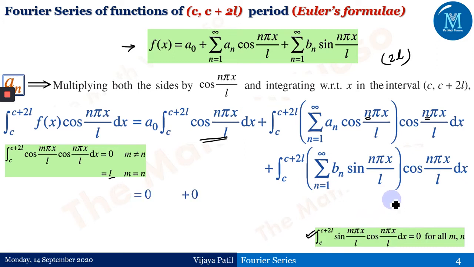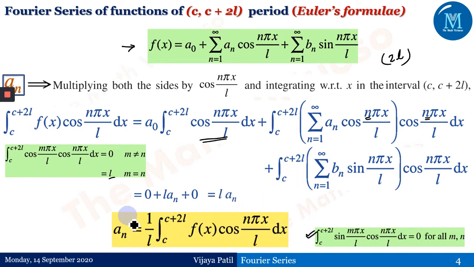And therefore we'll be getting the first as 0, second, as I have told you, it is L into summation of n moving from 1 to infinity of an, plus this is 0. This is 0, and therefore we get L into an, which gives the Fourier coefficient an is 1 by L integration c to c plus 2L f of x cos of n pi x by L dx.